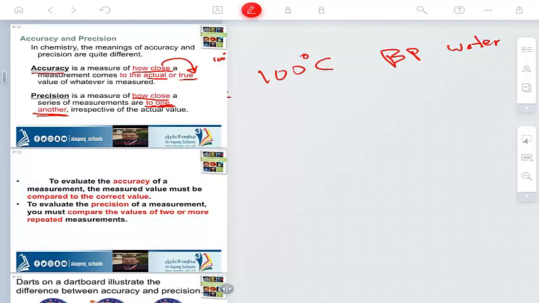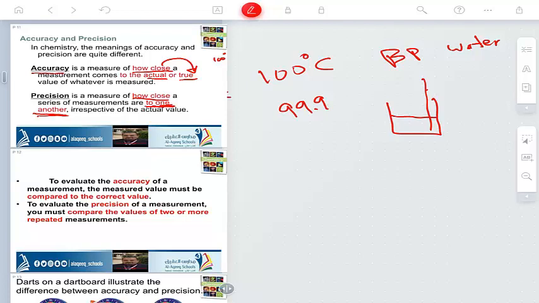If you are doing an experiment in the lab and you want to measure the boiling point of water by thermometer, for example, something simple, okay? You put this boiled water and the thermometer reads, for example, 92.9.